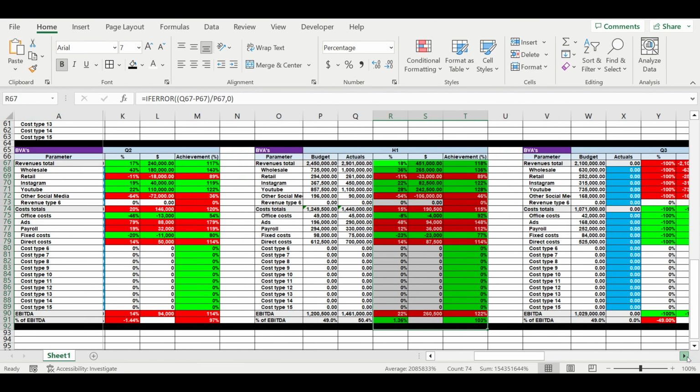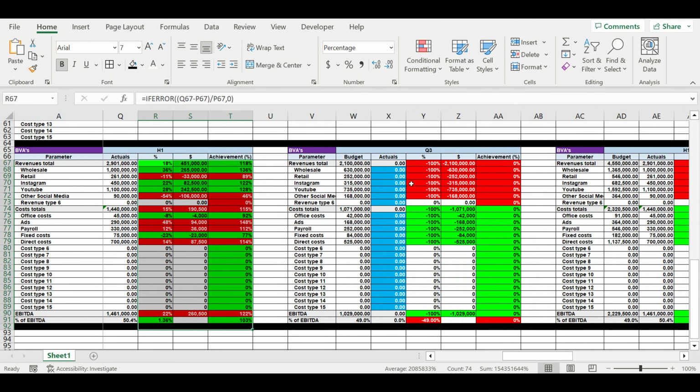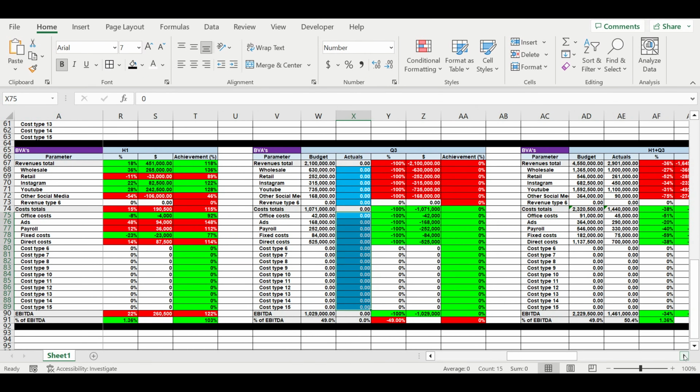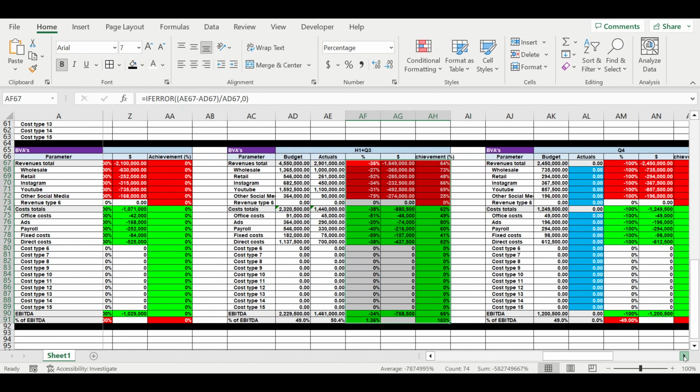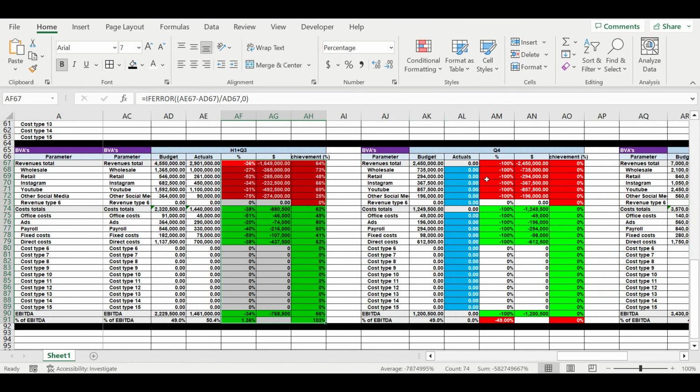Then we do the same. We put the data for Q3, revenues and expenses, get the H1 plus Q3 information, and see what is happening in our business. Then we specify the data for Q4, revenues and expenses.